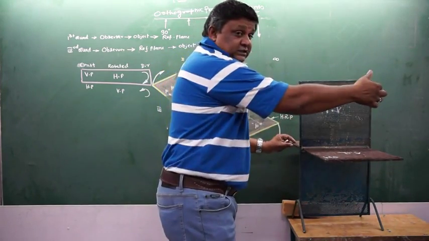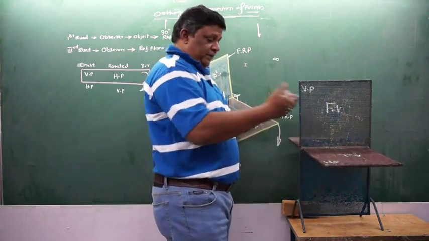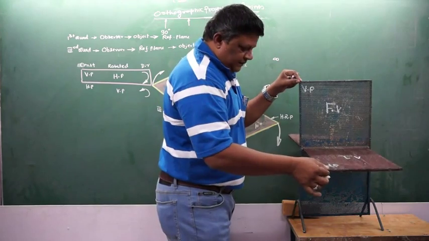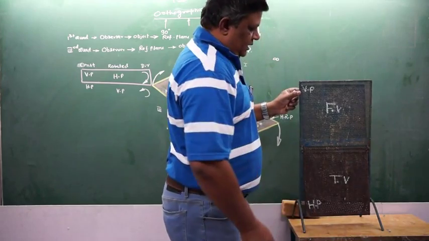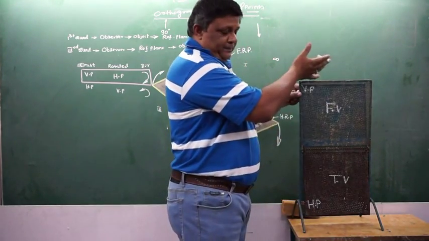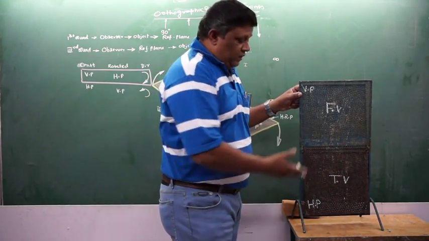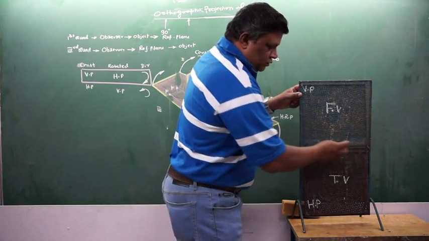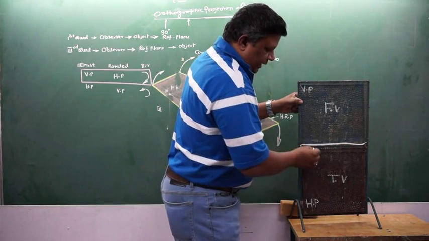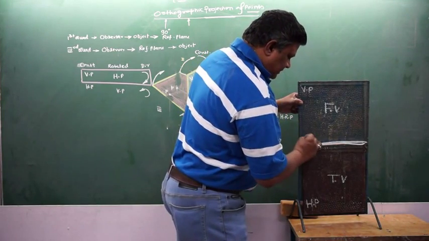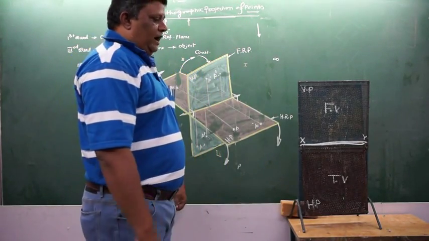If the observer is on that side, this would have been the second quadrant. Again, let me remind you that this would have been the first quadrant. Coming to this side again, keeping this as fixed, rotating this in the clockwise direction. What do I see? That front view is coming up, top view is coming down of a reference line which is simply dividing the 2 reference planes, the vertical plane and the horizontal plane, called as XY line.